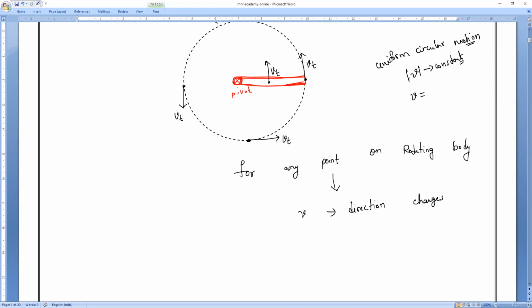That is the formula you have found: speed is equal to circumference of a circle divided by time. This is what you have done in 9th class circular motion.